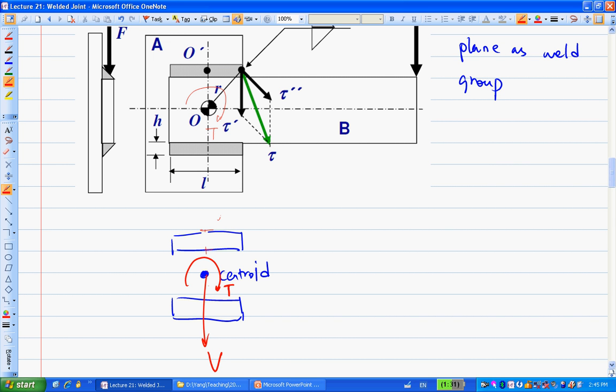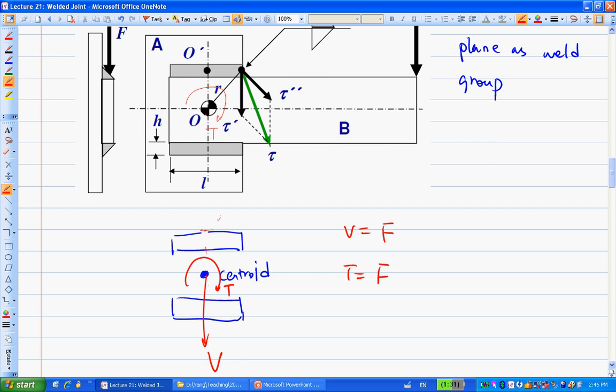Now, in mechanics of materials you probably learned there's a cross section, and at the cross section you have a V and you have a T. That's the overall effect. So now, based on this V and this T, you should see that V is the same as F, and T will equal F times the distance from here to the location of the centroid.